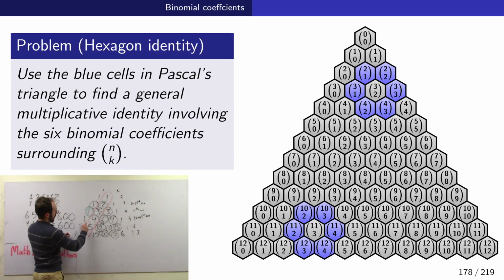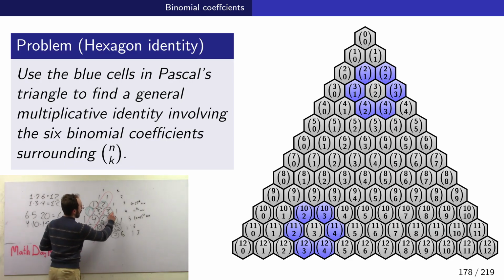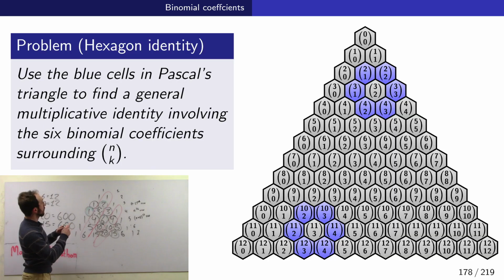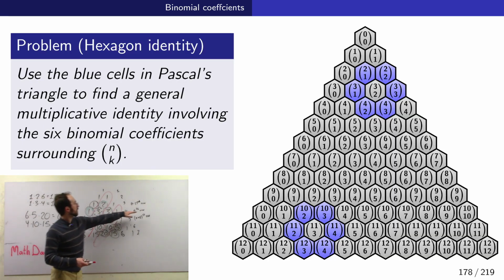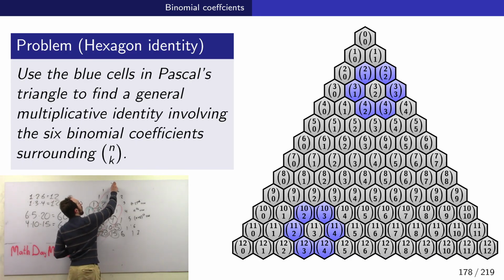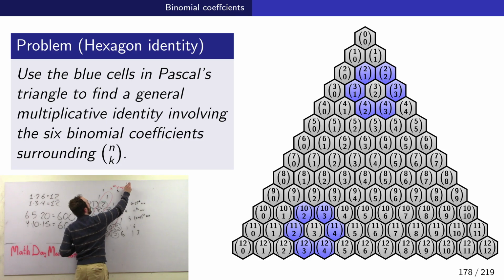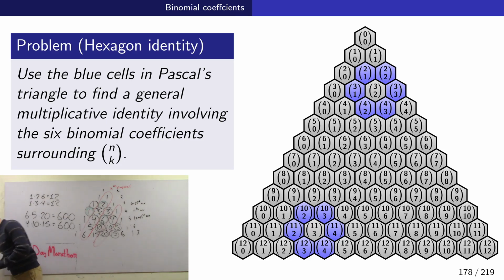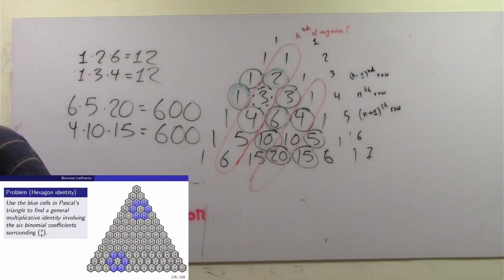These diagonals are how we fix our k values. So if this is our nth row, let's make this our kth diagonal. And let me make sure to make this big again. There we are.